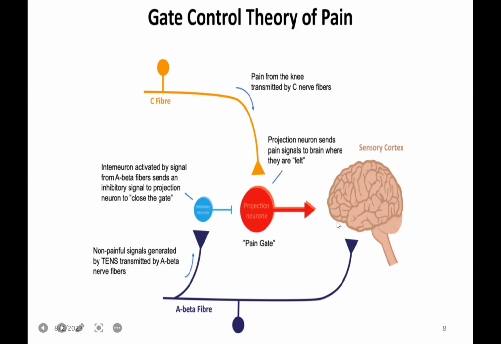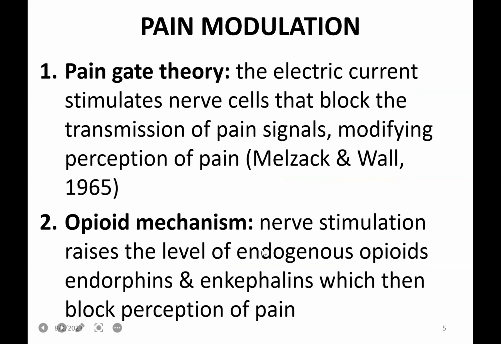The other principle is the principle of the opioid mechanism. So opioids are painkillers, and in our bodies we have natural painkillers such as endorphins and enkephalins.